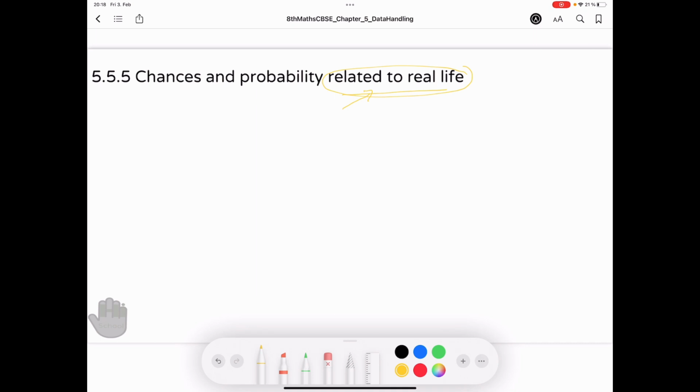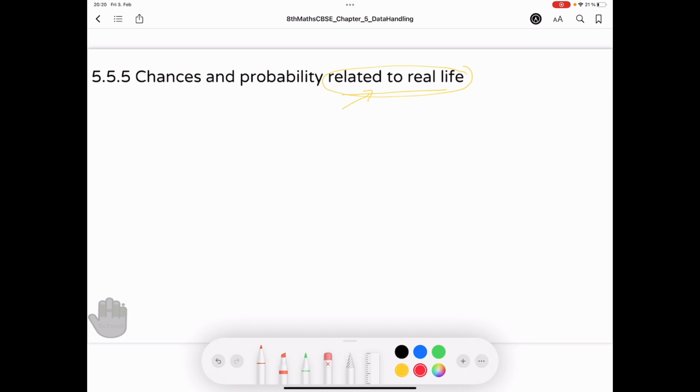For example, evaluating the chances of a weather event, whether it's going to rain or not, whether the share market is going to go up or down, or whether an election result is going to favor this party or that party, this candidate or that candidate.